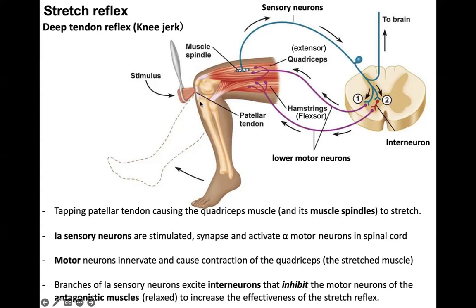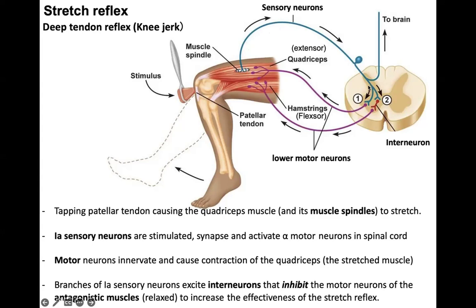When you tap onto this tendon, it's going to cause this muscle right here to stretch, a quick stretch from the tapping of the tendon. That stretch of the muscle will activate the receptor inside. If you remember, the receptor is called the muscle spindle. So the muscle spindle will detect that stretching of the muscle and then send the signal through the sensory neurons to arrive in the spinal cord.